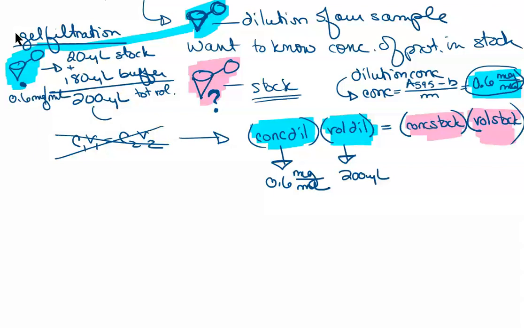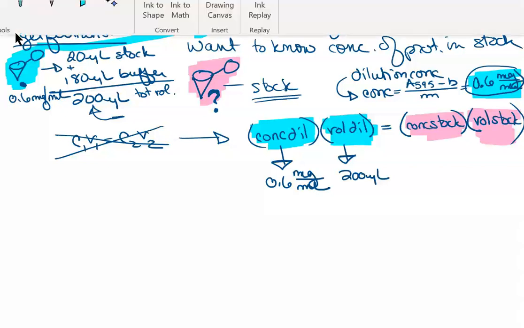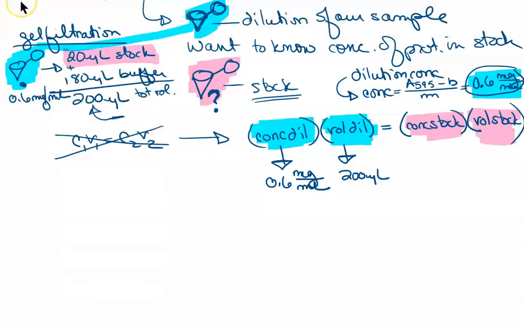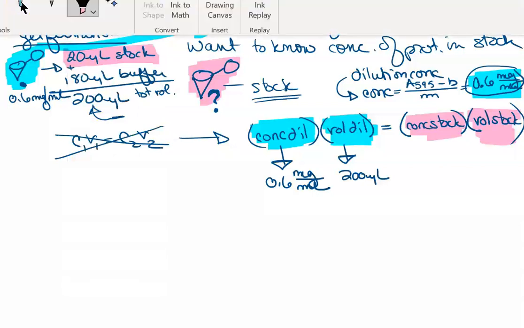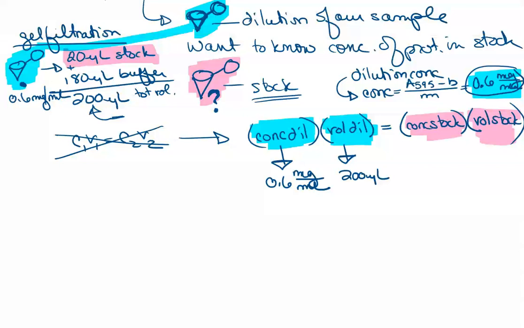And how much do we have? We have 200 microliters total of our dilution. That's where that number came from. When we made this dilution, we used 20 microliters of the stock. And so the volume of stock that was added to the dilution is 20 microliters.